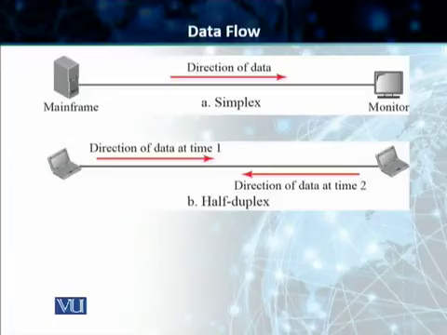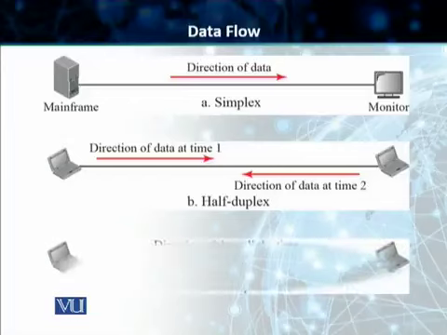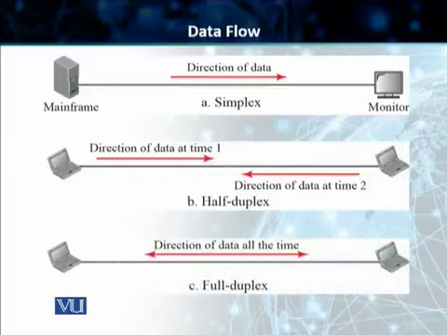Students, the last and the third mode of data flow is full duplex. This is what we almost inadvertently use in every one of our communication systems these days. Students, both systems can transmit and receive simultaneously at the same time. Think about full duplex as a two-way street in which the traffic can go in both directions.